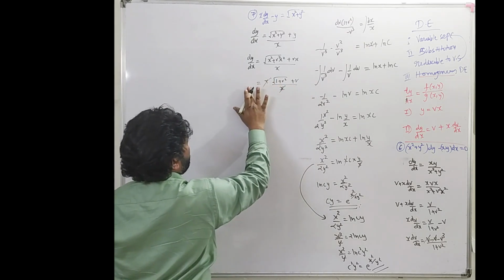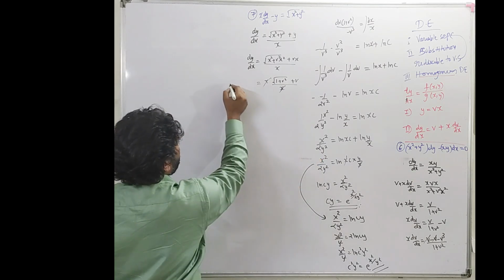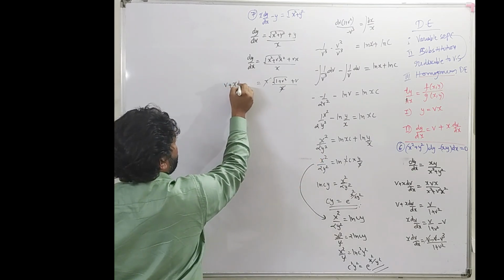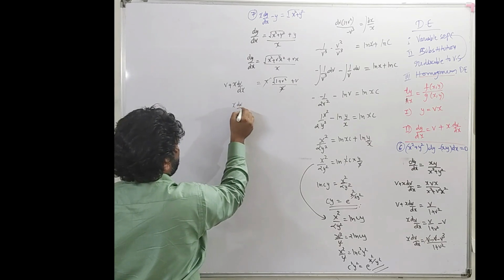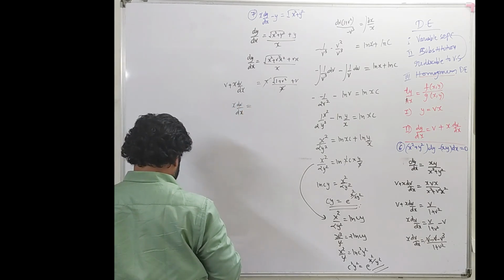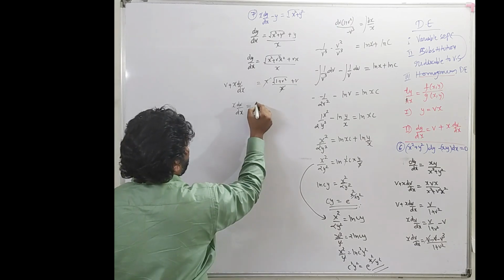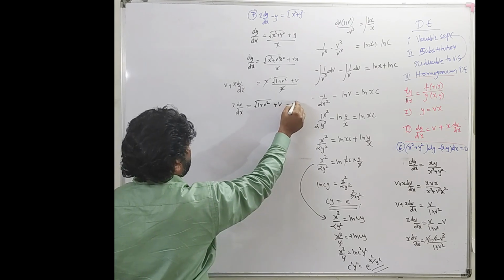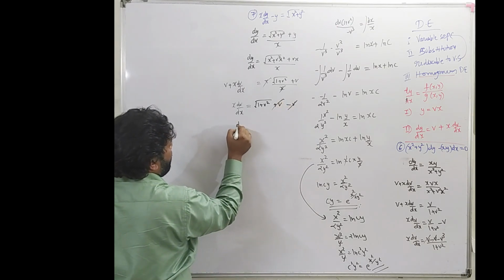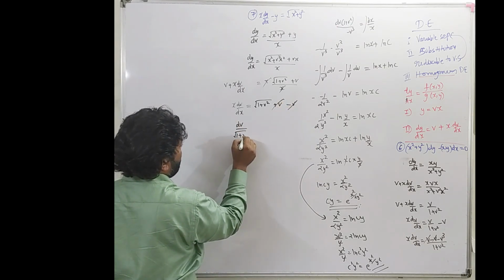Rearranging, dy by dx can be substituted as v plus x dv by dx. So x dv by dx will be equal to square root of 1 plus v square plus v minus v. This gets cancelled.